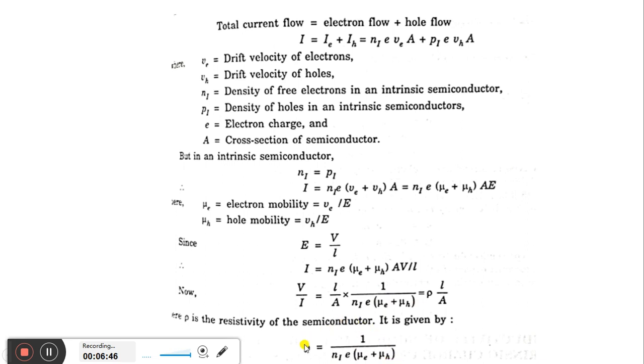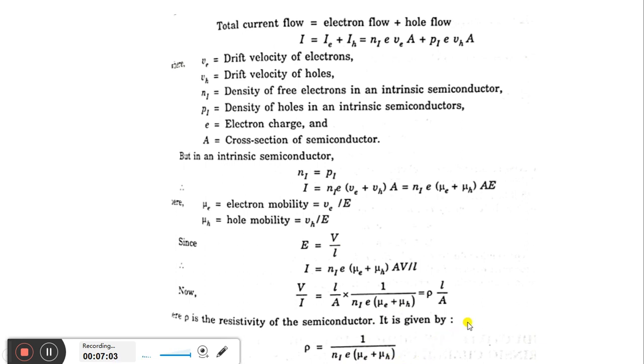So we have derived the resistivity in case of intrinsic semiconductor material, given by rho equals 1 upon Ni e (mu E plus mu H).